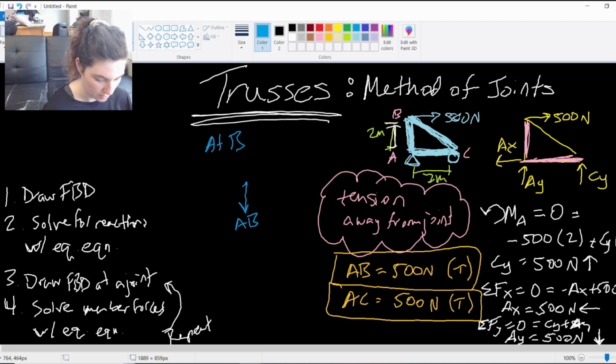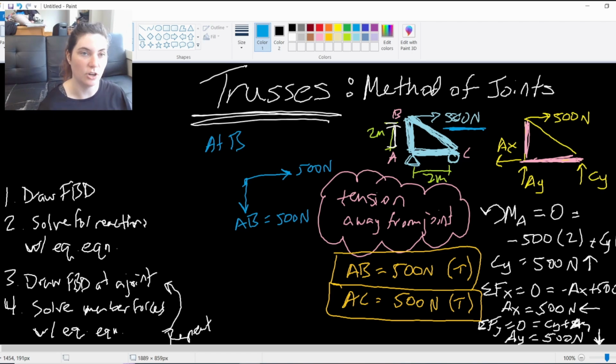It's 500 newtons. It has that 500 newton force that was applied, this force here that was given. And then it has our unknown, at this 45-degree angle, the force through BC.